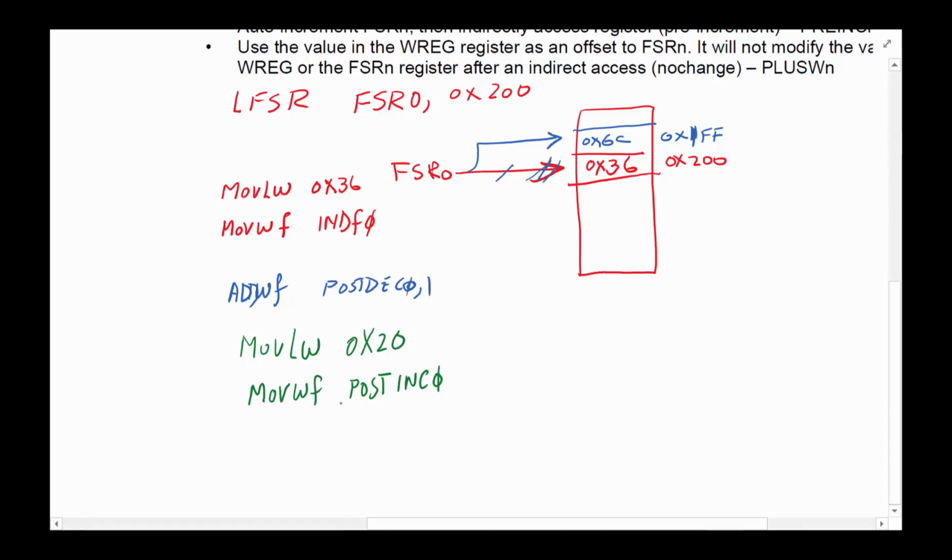MOVWF is going to come over here, and says, he's looking over here, so let's get rid of this and put 0x20 in here. Then after we're finished with the operation, it's going to increment the pointer back to 0.